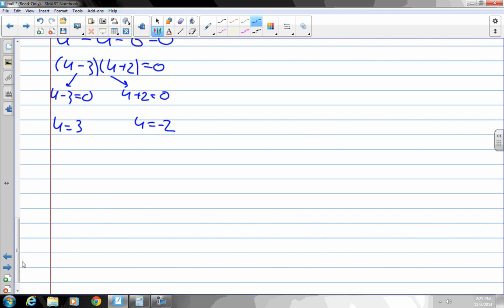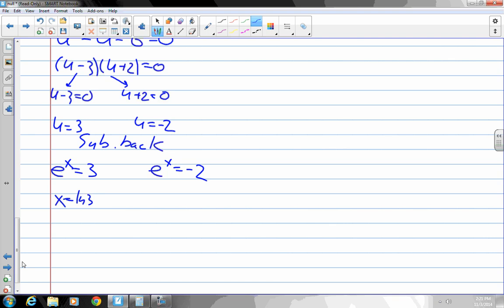Right? I still have to solve for x, so I'm going to substitute back to get e to the x equals 3 or e to the x equals negative 2, and then I'll solve each little one for x. This one is just x equals natural log of 3. Right?